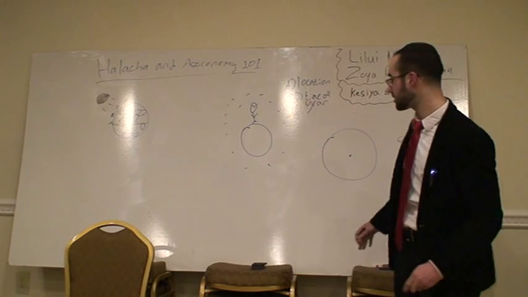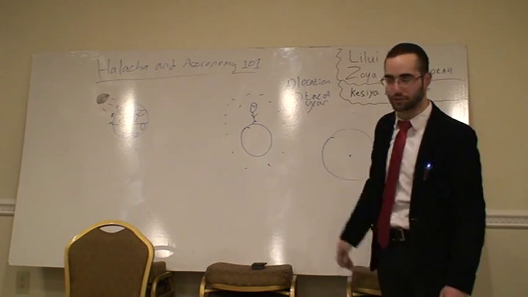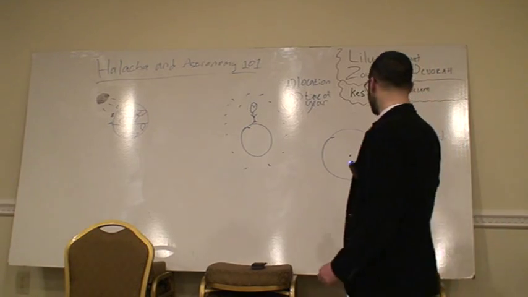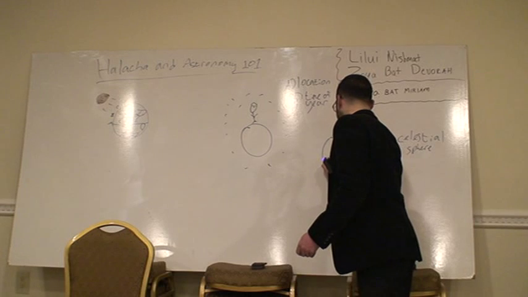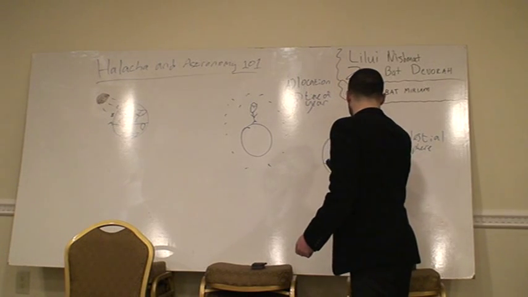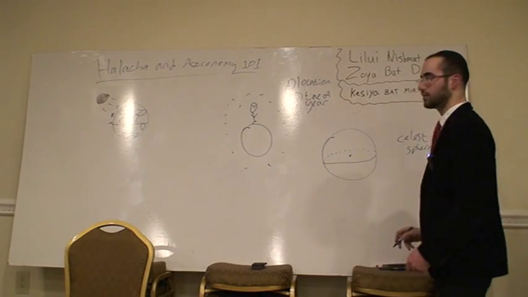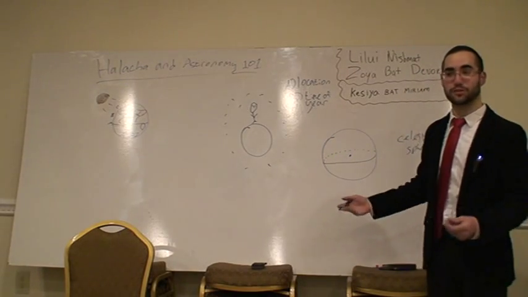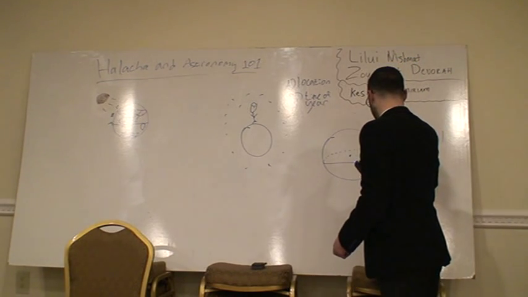All the constellations, anything you could imagine in the solar system is going to be surrounding the Earth. Just as in any other sphere, we have a center line, which is called the equator. Commonly, we would call it the celestial equator. We'll just abbreviate it to the C equator.